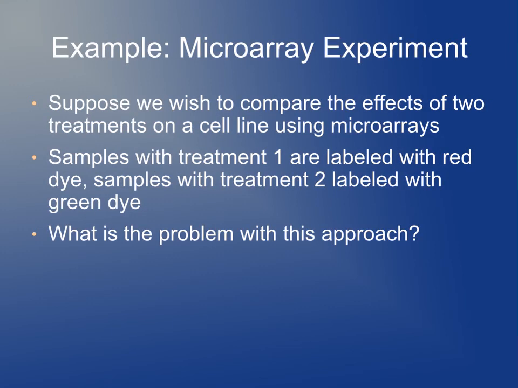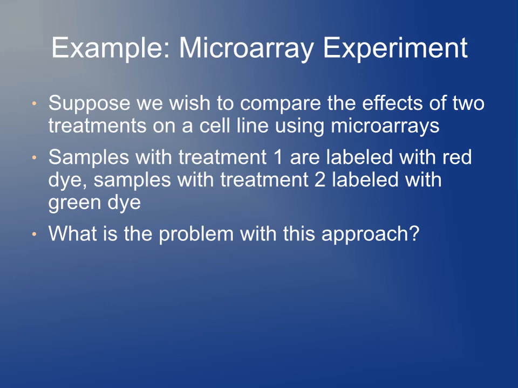double-blind. Another bench science example is, let's say you're doing a microarray experiment, and say you want to compare the effect of 2 treatments on a cell line using microarrays, and samples with treatment 1 are labeled with red dye, and samples with treatment 2 are labeled with green dye.